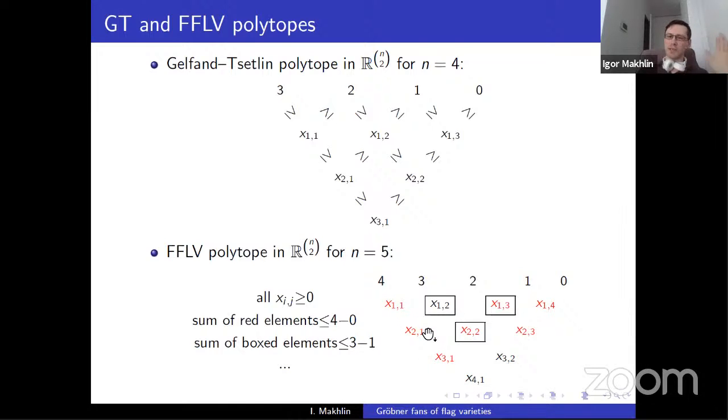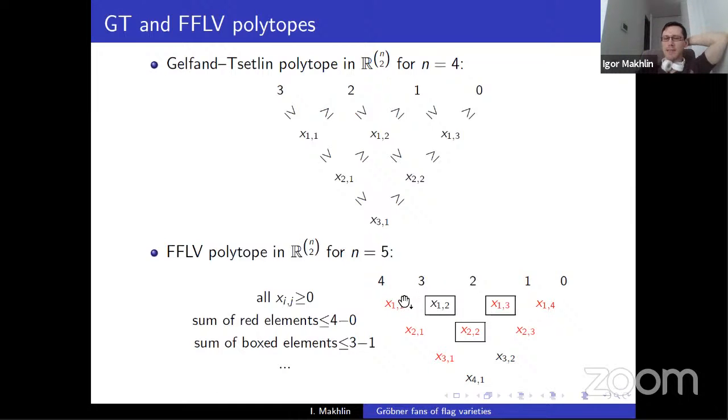But this time the restrictions are very different. The top row is again the same, but the restrictions are that all the coordinates are, on one hand, non-negative, and then we limit the sums of various coordinates.